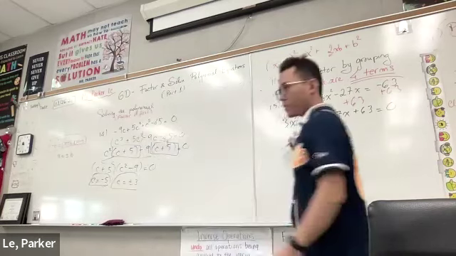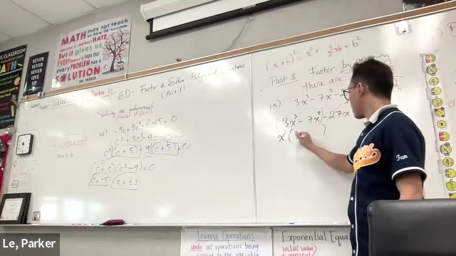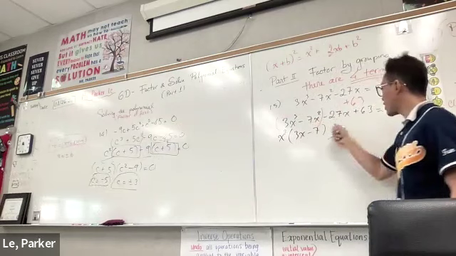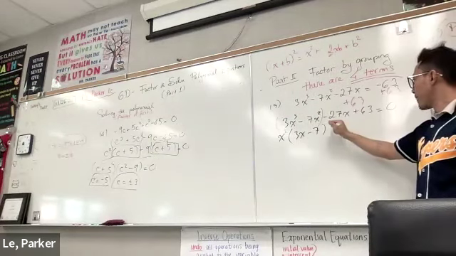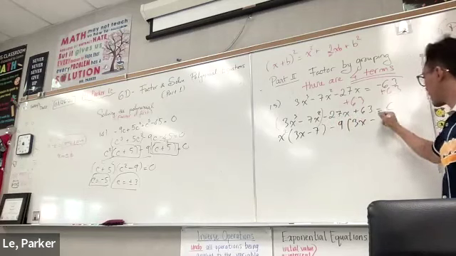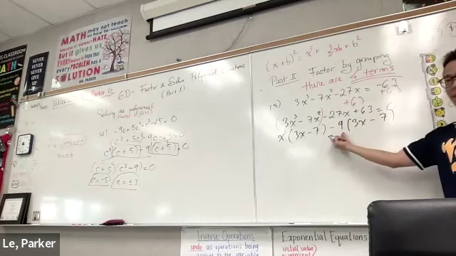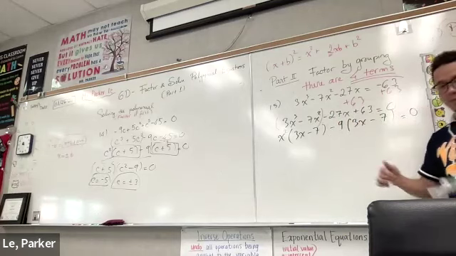And what is usually the common factor for this? x squared. What do you have left? 3x minus 7. Okay. What is the common factor for these two? Negative 9. Negative 9, 3x minus 7. Very good. 63 divided by negative 9 is negative 7. Now you see that they have the same common factor.